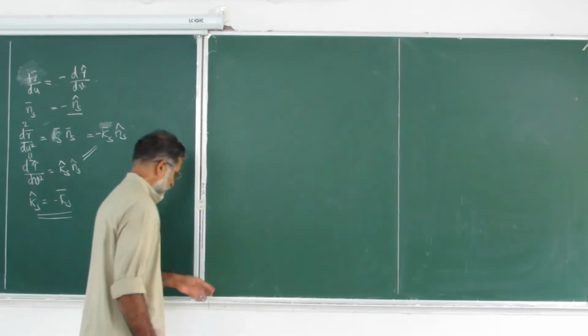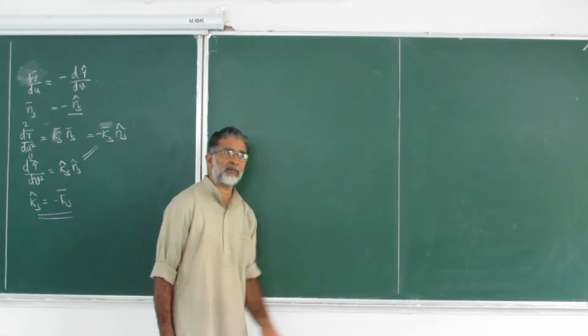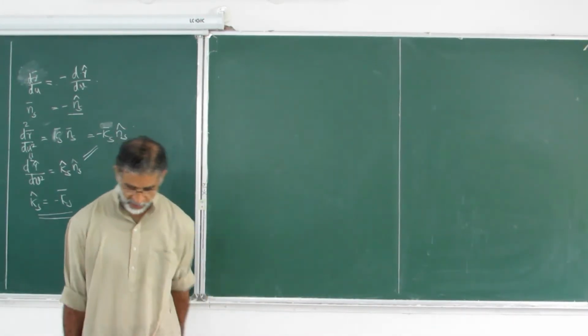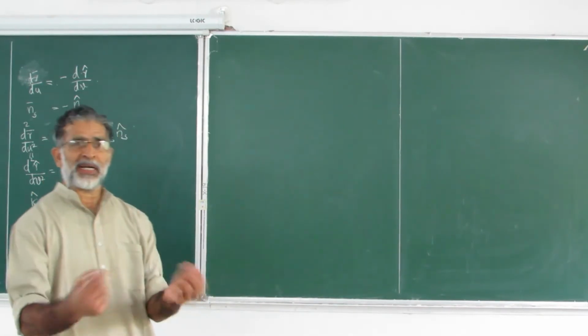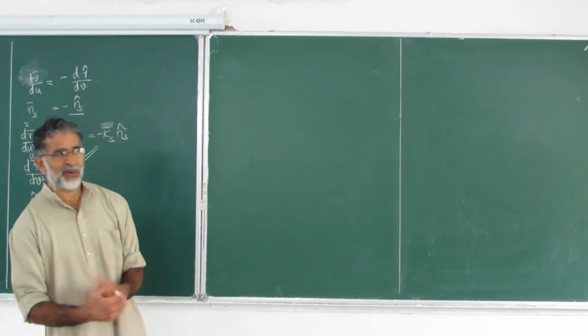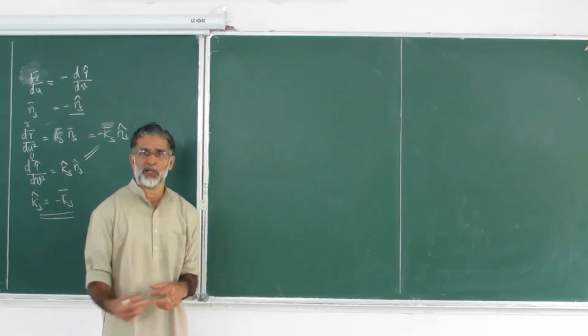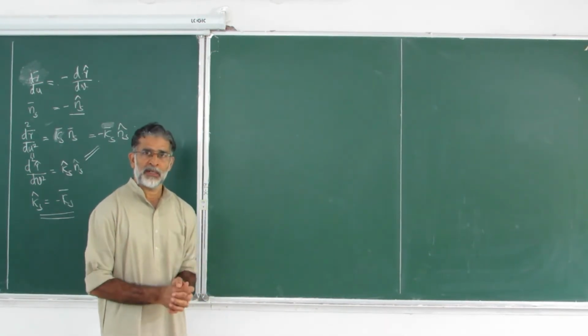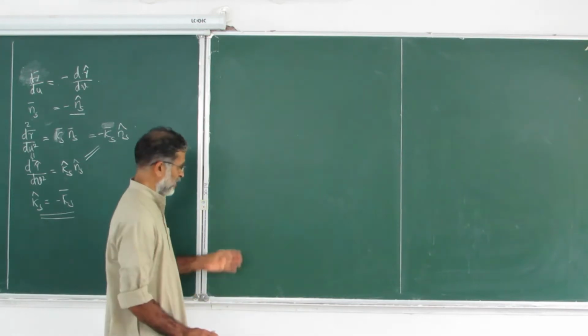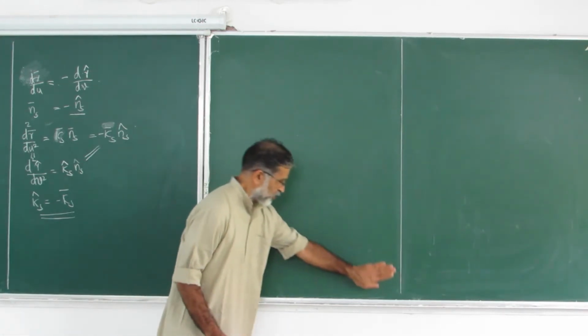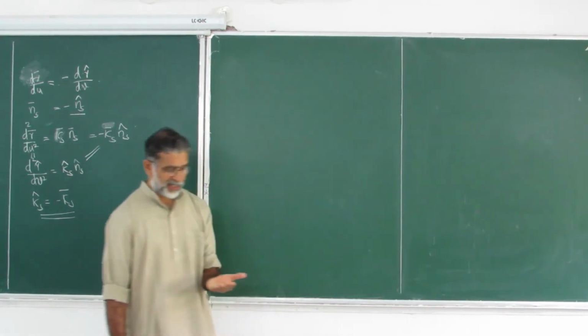See, given a curve, we know how to compute the signed curvature. Given a parameterized curve, you take a unit speed parameterization, any one you like, and then you know how to compute the signed curvature. So our question is the other way.